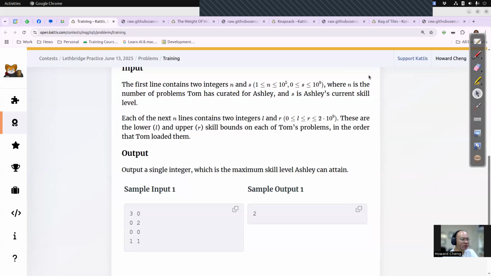What if I choose the other way, recurse? Well, what happens later on depends on your skill level, because when you solve a problem, your skill level goes up and that changes what you can solve later. So your recursion might need to remember your current skill level and also how many problems you have left. And again, because the numbers are so big, that's also not really feasible.